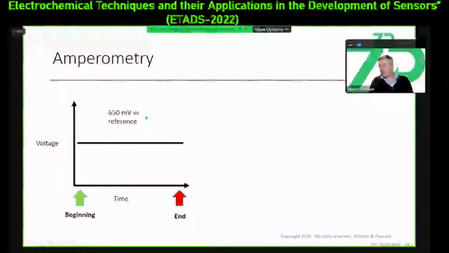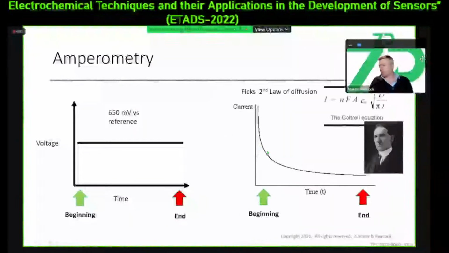For example, if you're making a glucose sensor, a lot of those glucose sensors, at least what's called CGM, continuous glucose monitoring, the generation 1 continuous glucose monitoring sensors often work at around 650 millivolts.